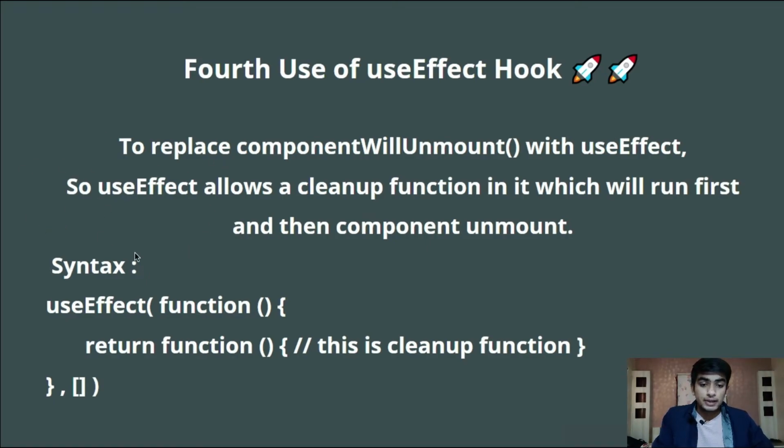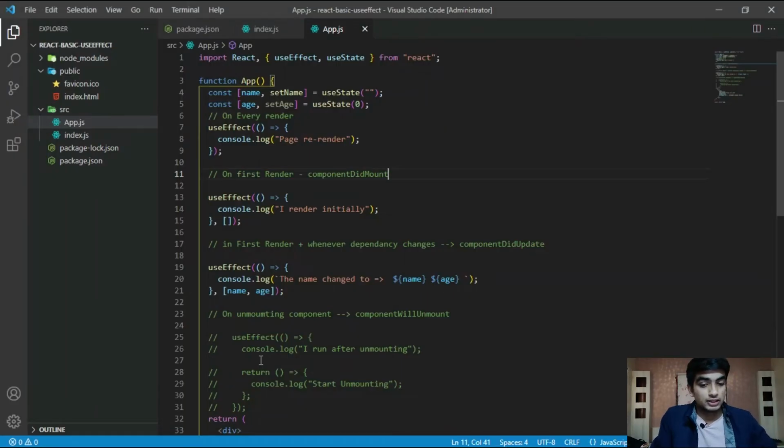To replace componentWillUnmount with useEffect, you have to use a cleanup function in it, which will run first, and then the component unmounts. So this is the syntax: the useEffect, the function, and the return function, and this is the cleanup function. Okay, so you may need to understand it.